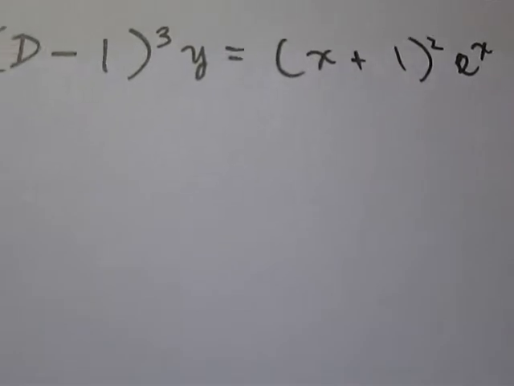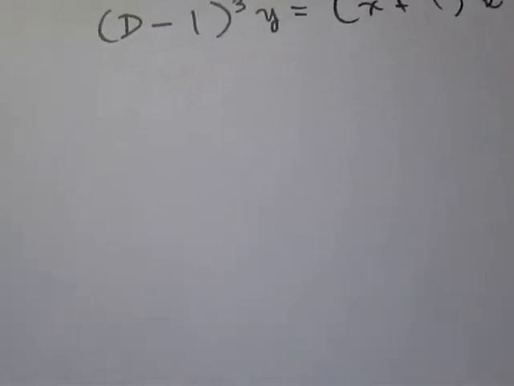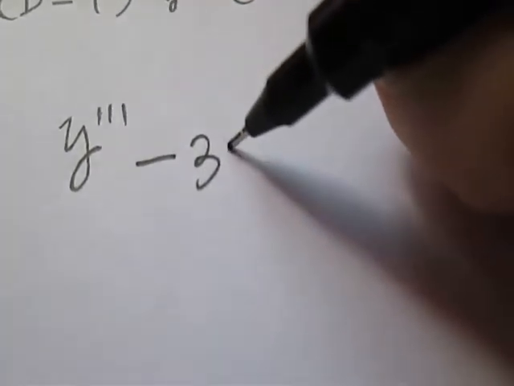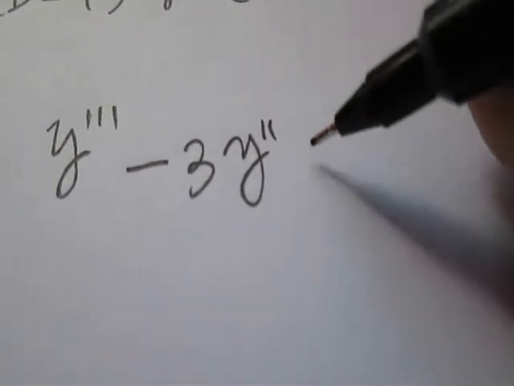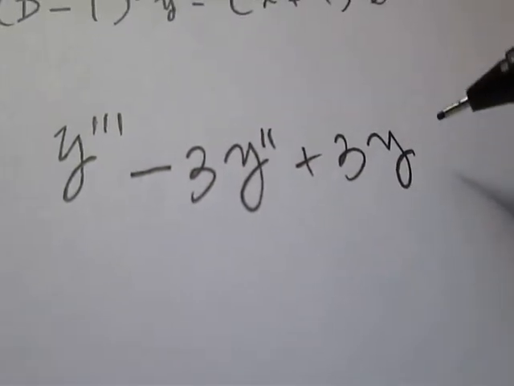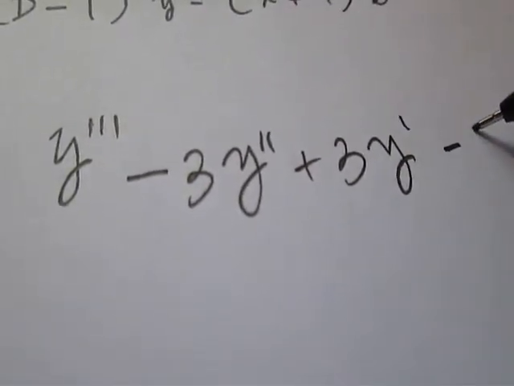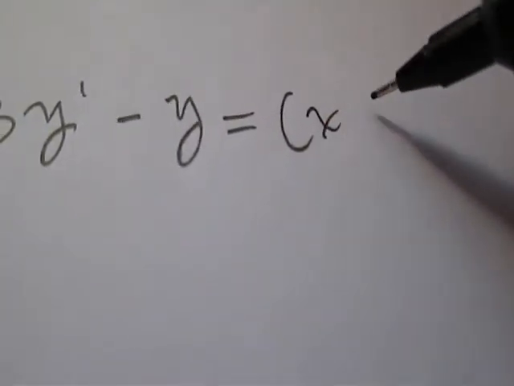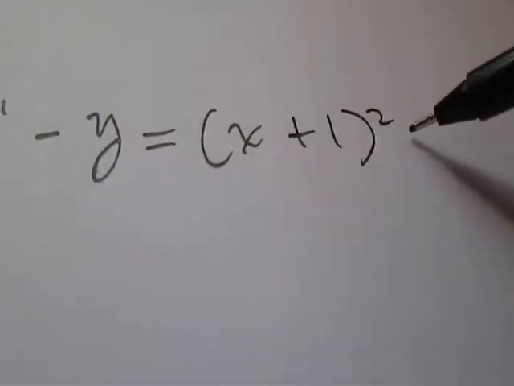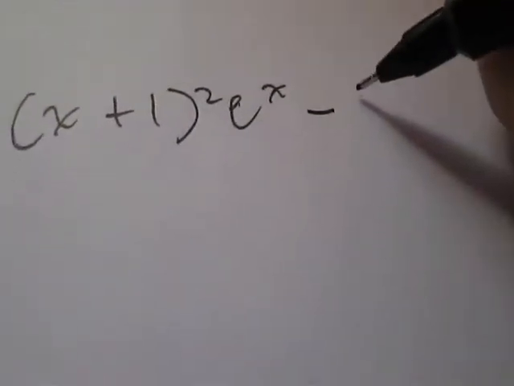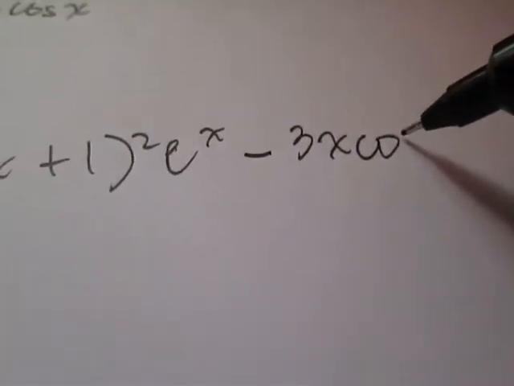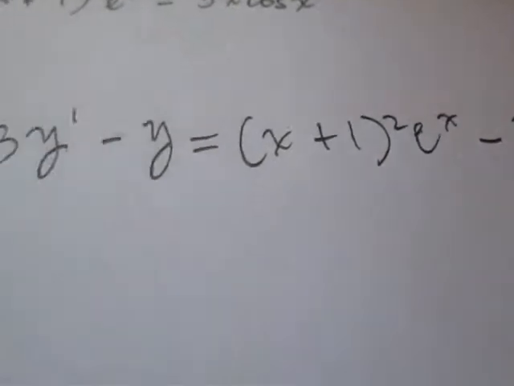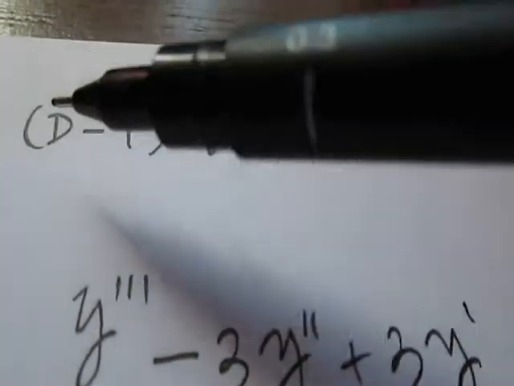We can rewrite this equation as y''' minus 3y'' plus 3y' minus y equals (x plus 1) squared e to the power of x minus 3x cosine x.